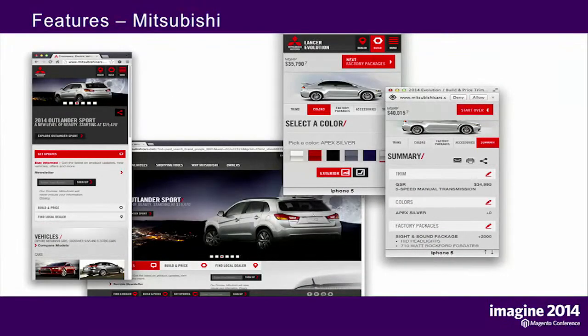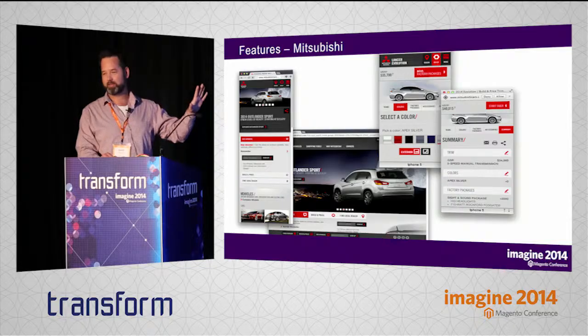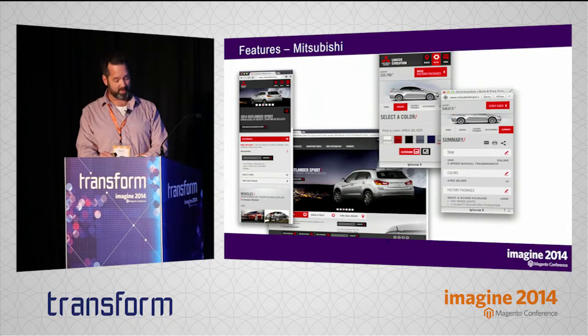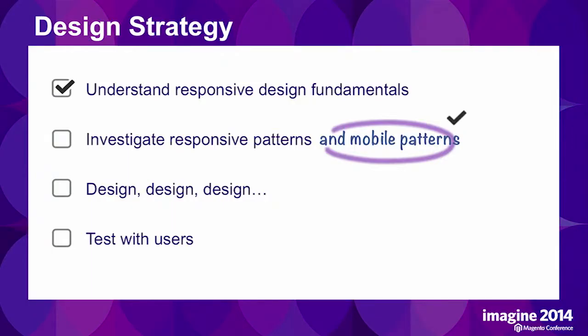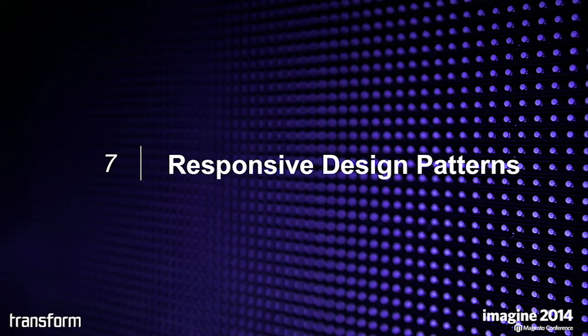It is possible though. Mitsubishi.com. Their car configurator is completely accessible and visible via the mobile experience, and it's actually a lot of fun to use. So I highly recommend giving that a spin, no pun intended. It's a great experience. So then here, mobile patterns check, and moving on to responsive design patterns.